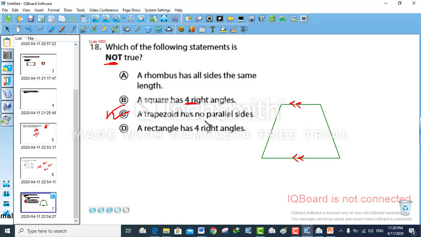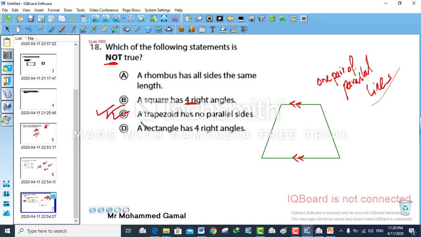He's saying that no sides are parallel. No, we have one pair of parallel lines in a trapezoid. Because of this, I'm going to choose C, because it's the one which is not true.